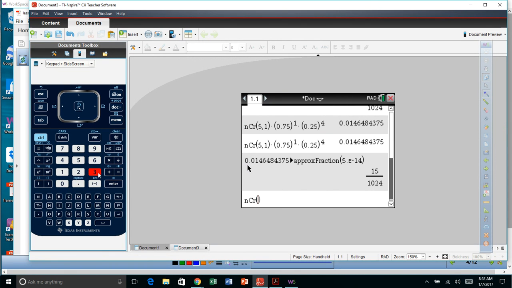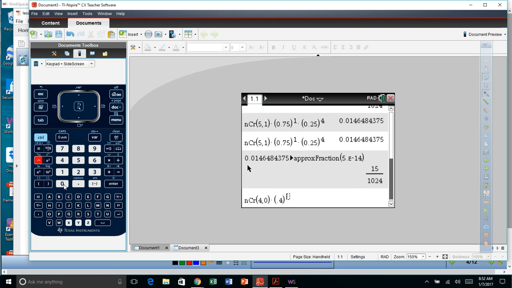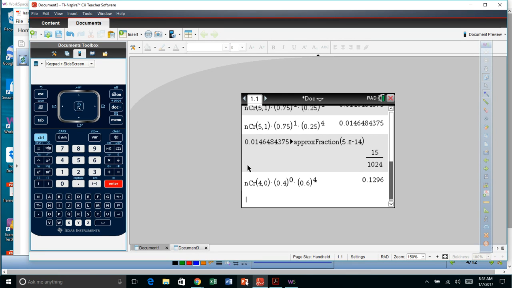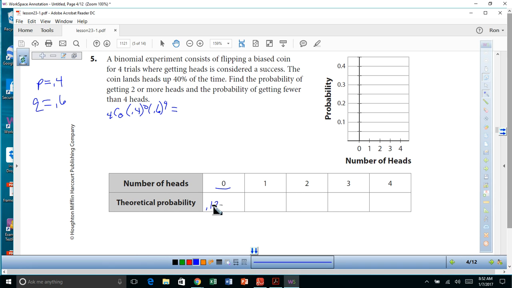Menu 5, 3, and that's going to be 4, comma 0, close parentheses, times open parentheses 0.4, close parentheses, caret 0, times open parentheses 0.6, close parentheses, caret 4. And that gives you 0.1296.